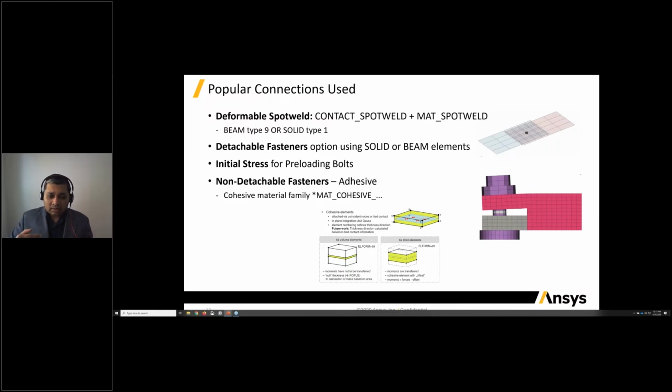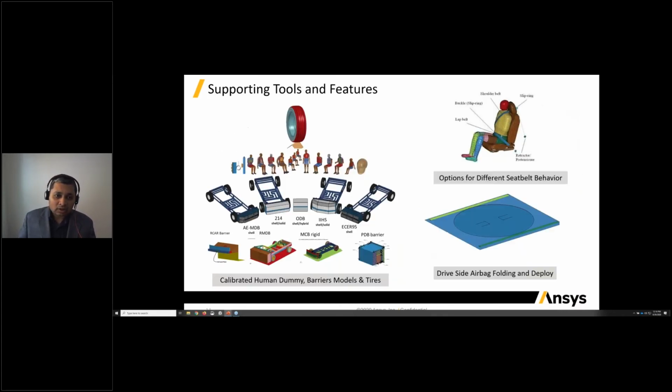Further, I'm seeing a lot of customers using non-detachable fasteners like adhesive, and we have developed a whole family of material laws to model adhesives. Again, this can be represented with element formulation 19, or with volume elements, or element formulation 20 to use shell elements. So this is a very fantastic technology.